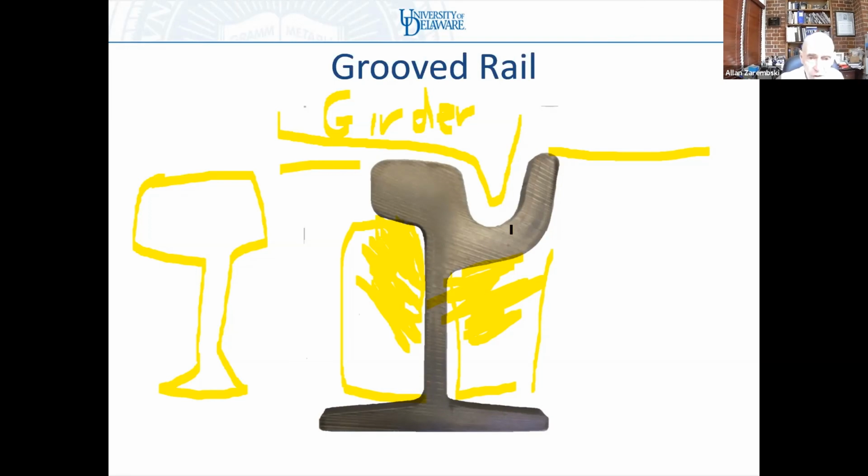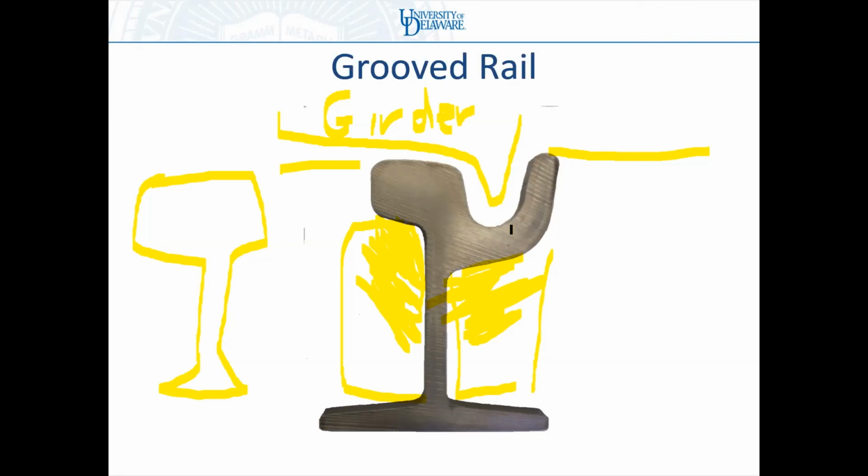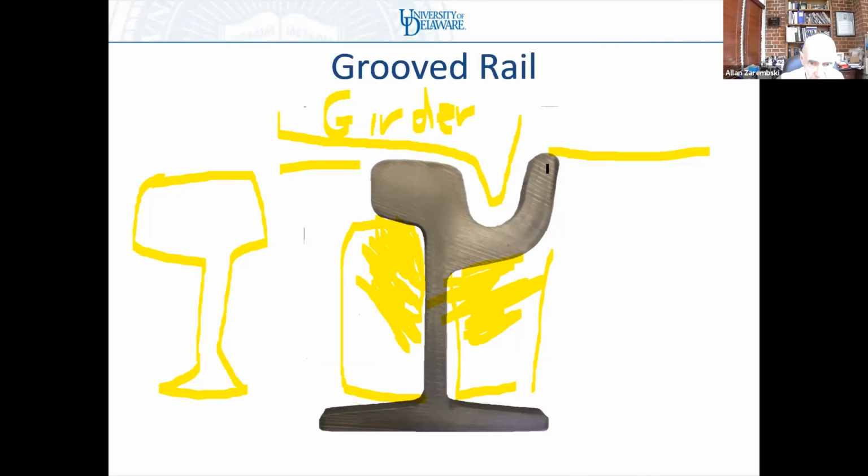But this filling material is not strong enough to hold the rail. It's just like a gummy. The design of this head is such that without this extra support, this head would rotate under traffic.